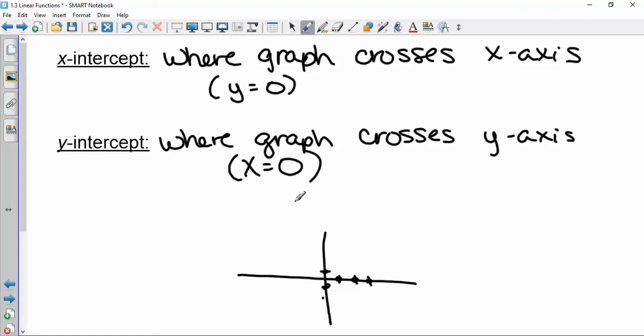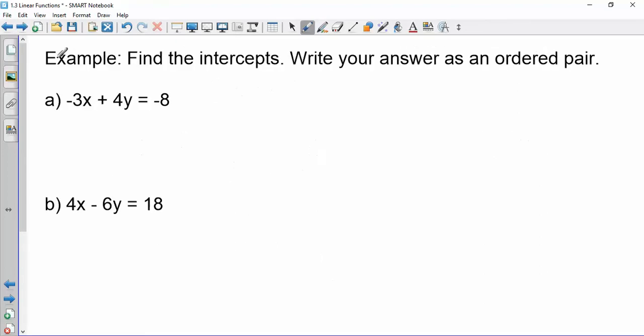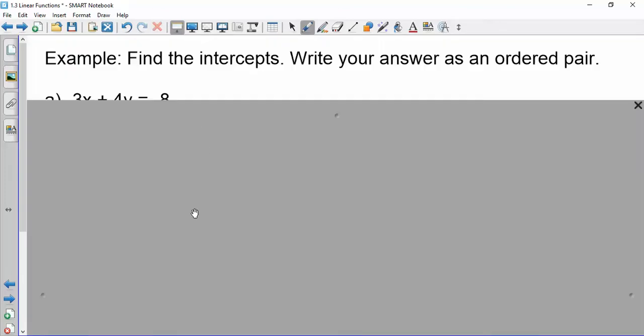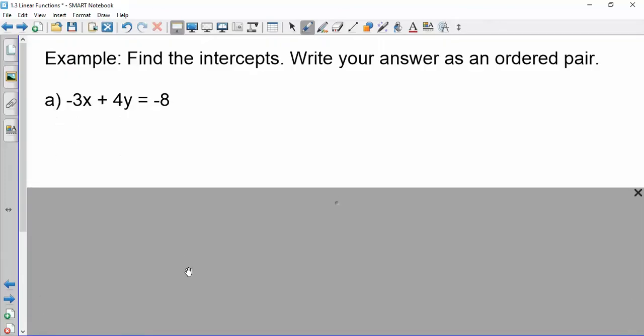So if I want a y-intercept, you plug in a 0 for the x. So let's try it. X and y intercepts. I want to write my answer as an ordered pair.